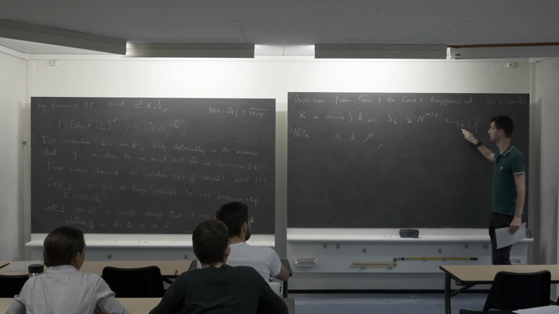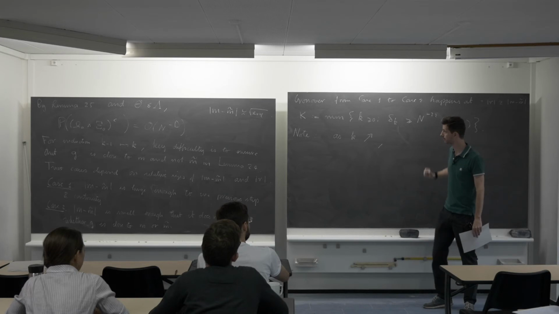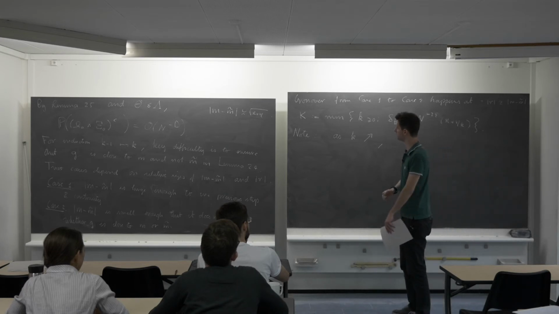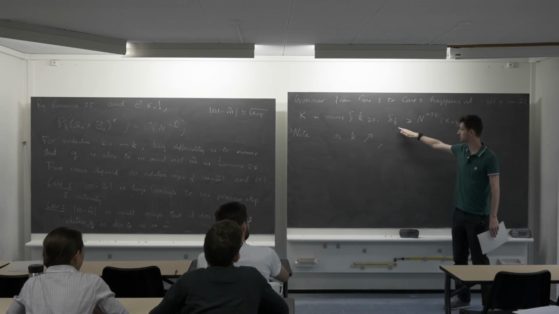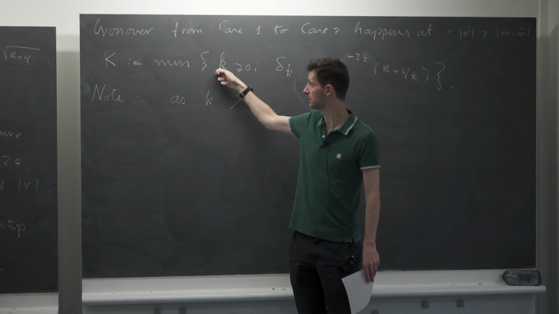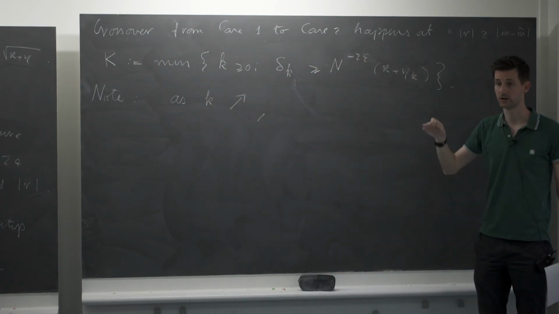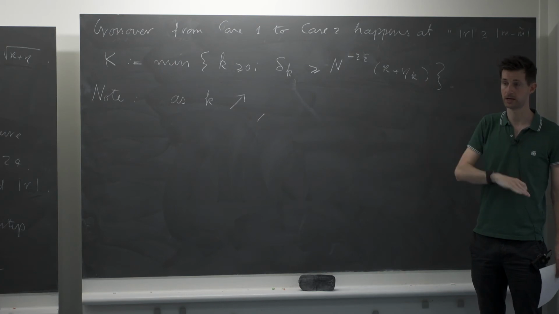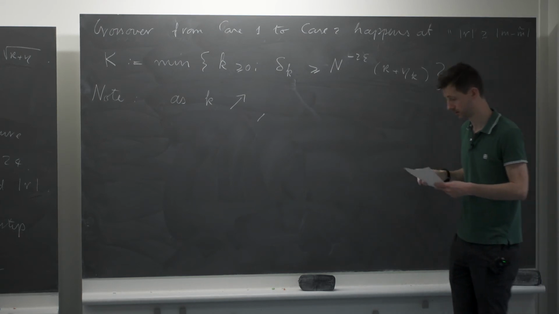This is of order 1, and this is n to the minus 1/2, so this is clearly going to be wrong. So I'm in case 1. And I would like to make sure that as k increases, I go down, I may reach such a threshold. And once I hit this minimum k, all subsequent k's also satisfy this condition. So if I once go to case 2, I never come back to case 1. There's no going back. That's important. You will see for the argument, that's very important. Otherwise, it would not work.